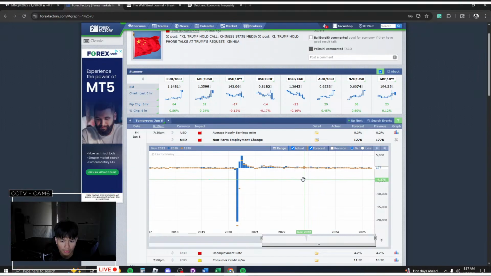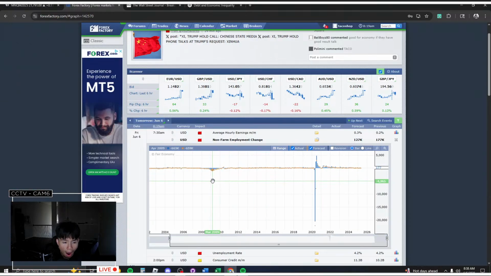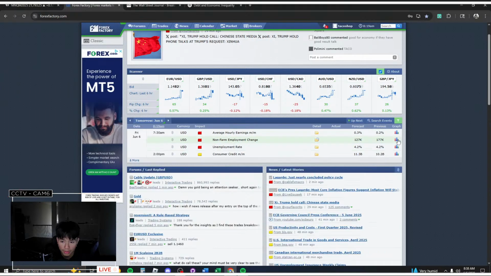I mean, we haven't really had a deficit here besides in 2020, but during the '08 crisis here, you can see that we did have negative employment, which means that people are losing jobs, I would assume, and that's not good.